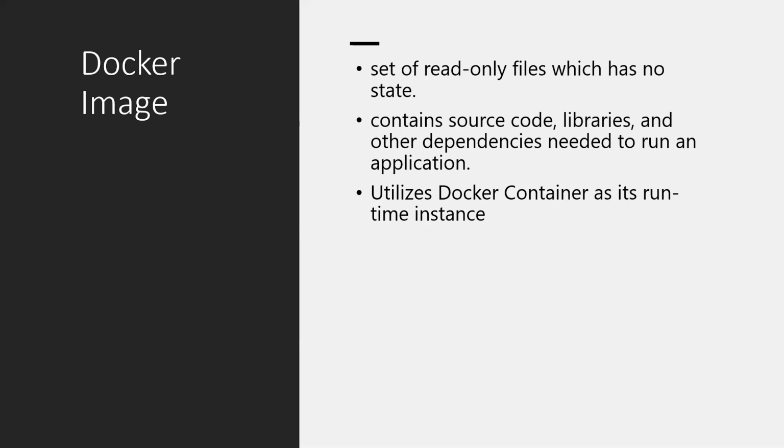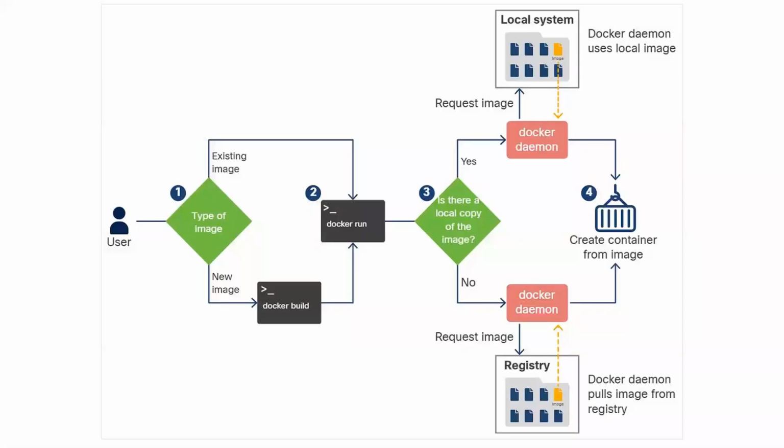Images can in turn be stored in registries such as Docker Hub, and overall the system looks like this. Creating a container involves pulling an image from a repository, then using it to create a container. A simplified version of the workflow for creating a container looks like this.